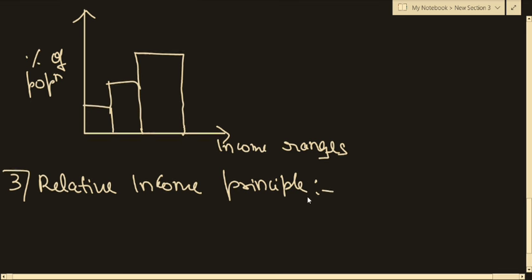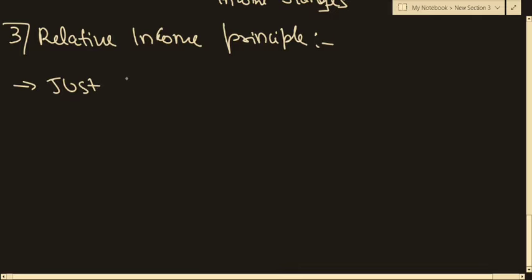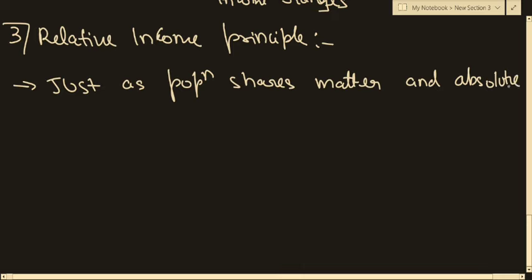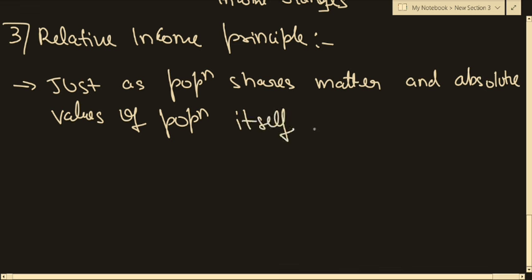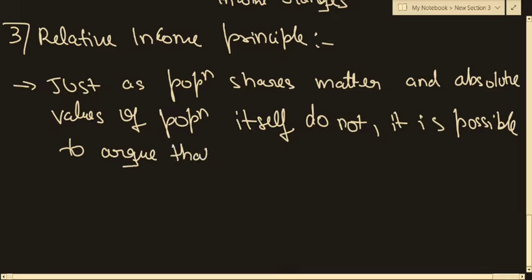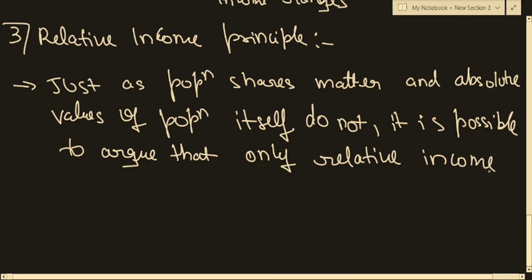Relative income principle. It says just as population shares matter and absolute values of population itself do not, it is possible to argue that only relative income should matter, and an absolute level of income should not.